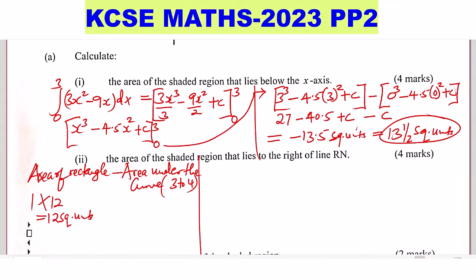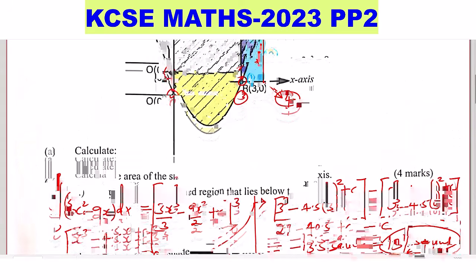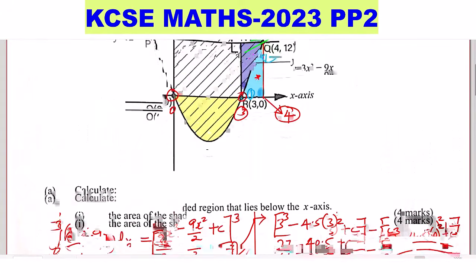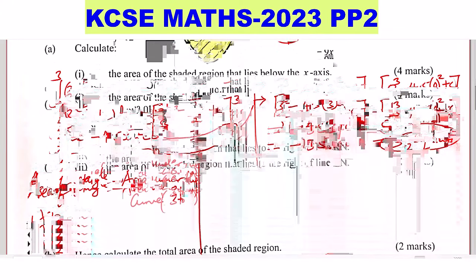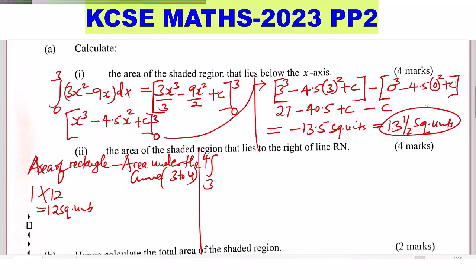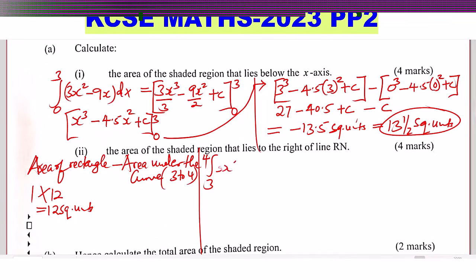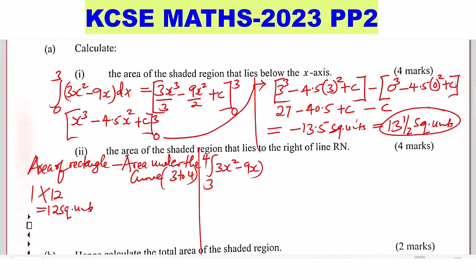So now we need to get the area under the curve between 3 and 4. And to do that, we're going to integrate the function of that curve. So we integrate from 3 to 4. We're integrating 3x squared minus 9x with respect to x. Since we had already done this, when you integrated that, we got x cubed minus 4.5x squared plus c.